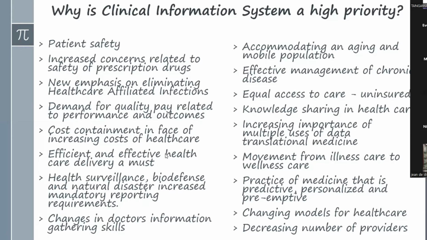New emphasis on eliminating healthcare associated infections, demand for quality pay related to performance and outcomes, also cost containment in the face of increasing cost of healthcare, efficiency and effective healthcare delivery, that is a must this time, and also health surveillance. Bio-defense and natural disasters increase the mandatory reporting requirements.